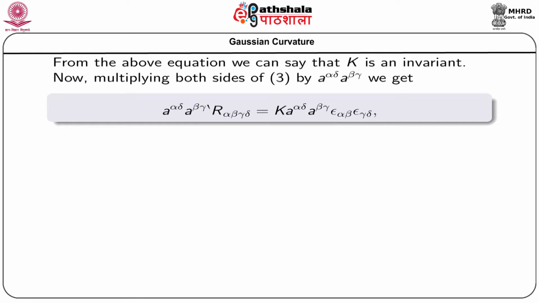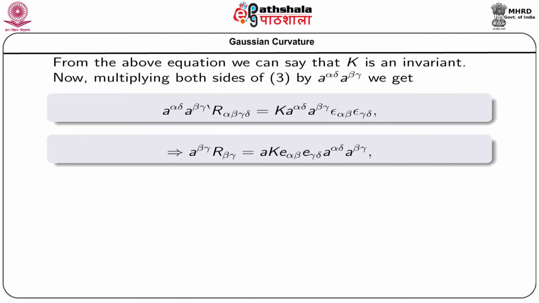Now, the left hand side is coming to a beta gamma R beta gamma, and in the right hand side we are getting, by applying the definition of epsilon alpha beta, K a e alpha beta e gamma delta a alpha delta a beta gamma.